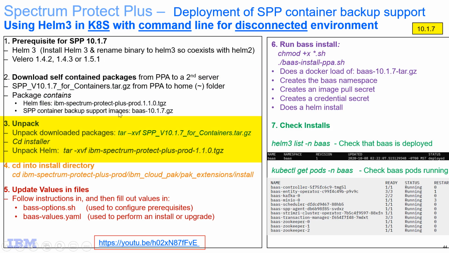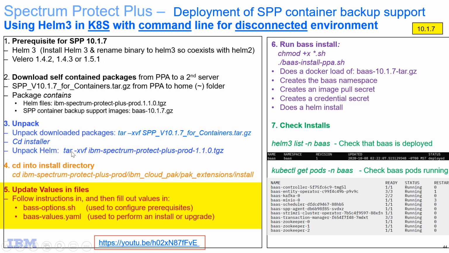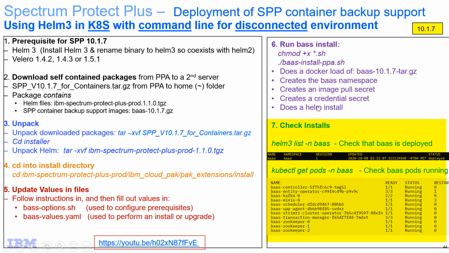You're going to unpack those, and then update those two files that I talked about, the BAS options and the BAS values. Then you're going to run a BAS install, which does the Docker load, creates the namespaces, the image pull secrets, the credential secrets, and the Helm install. After that, you'll run some checks to make sure that everything installed correctly for the Spectrum Protect Plus container backup support.